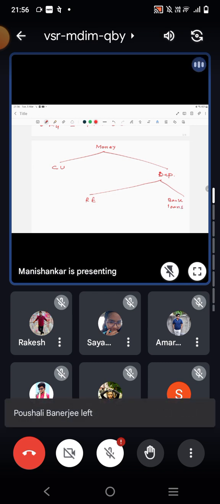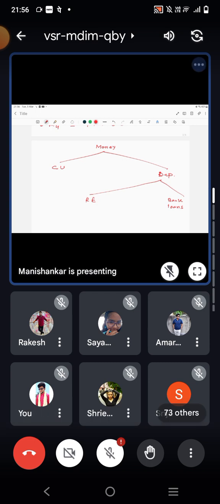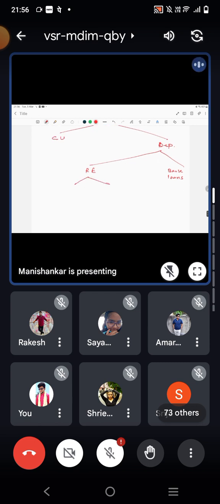But this time the reserve has two parts. One is basically required reserve and another is excess reserve. Excess reserve is called vault cash or free reserve.